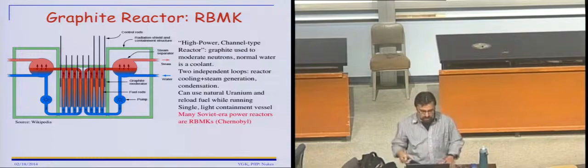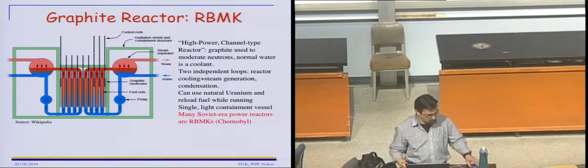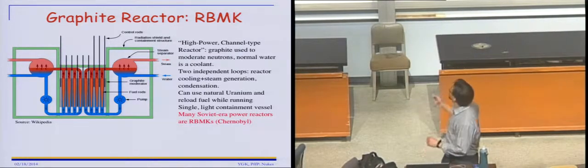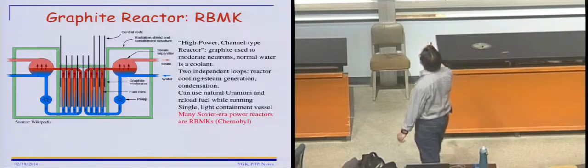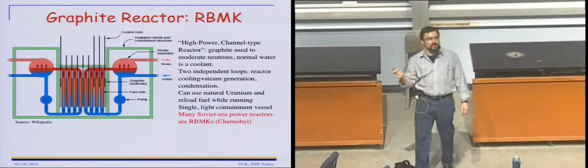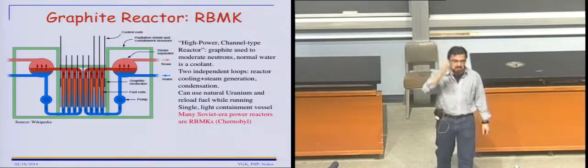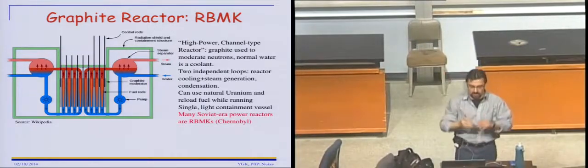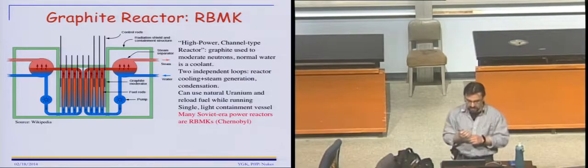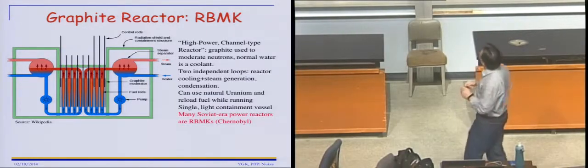So there are sort of arguments about why this design was put forward. The one thing about this design is that if it operates under normal conditions, it was designed to be very safe and easily computer controlled, easily on sort of 1980s standards.